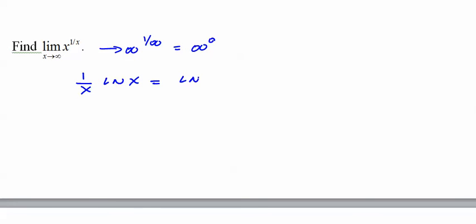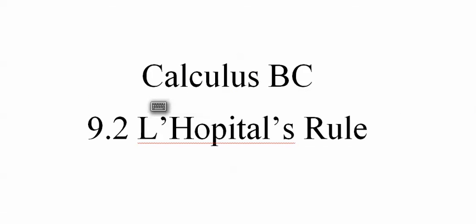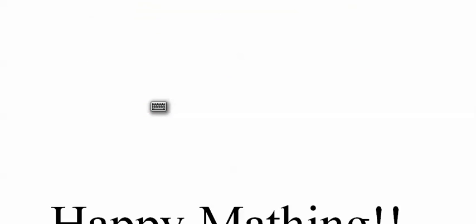I don't have to do that little trick I showed before. 1 over x over 1 equals 1 over x. x goes to infinity, we get 0. e to the 0 is 1. Or you could just graph it, which is something I would recommend. So, just a few thousand different ways to take limits. Practice, practice, practice, practice. It does get easier. And as in all things, happy mathing.